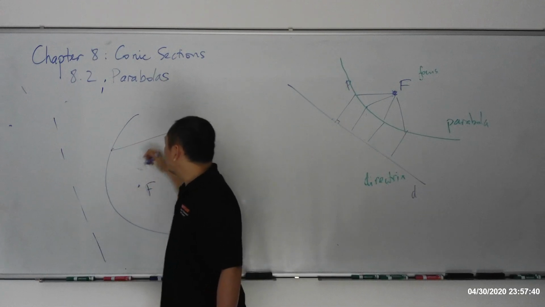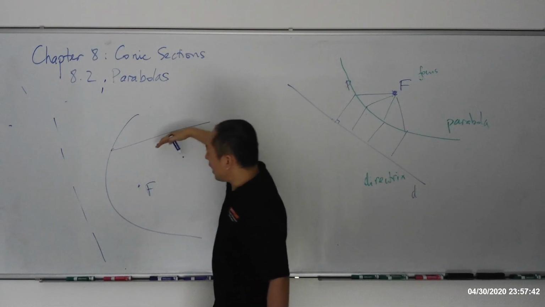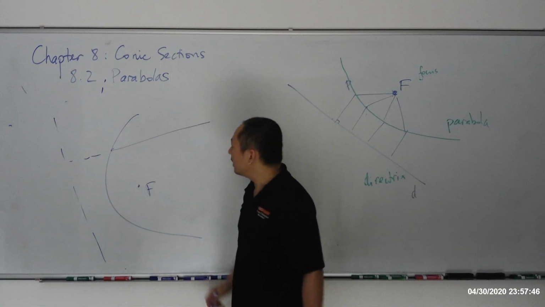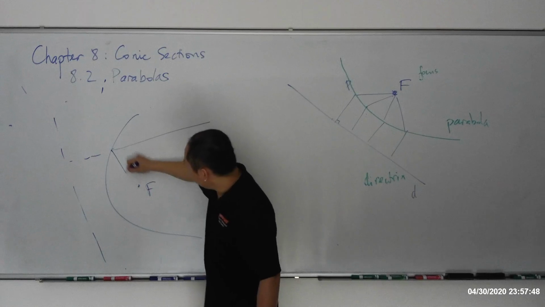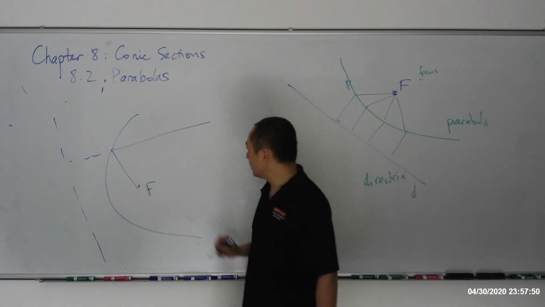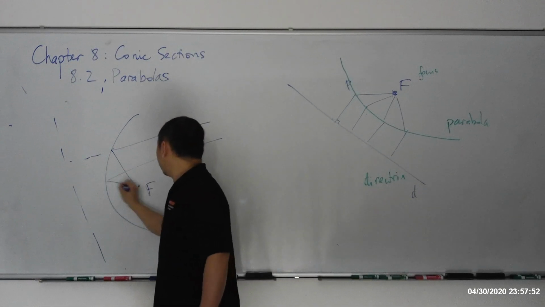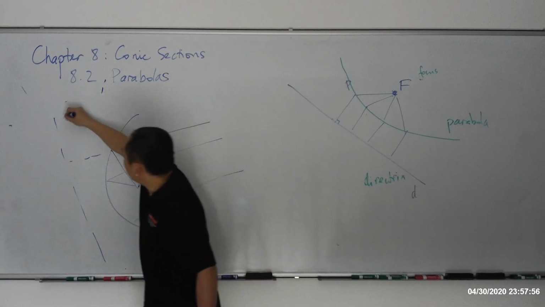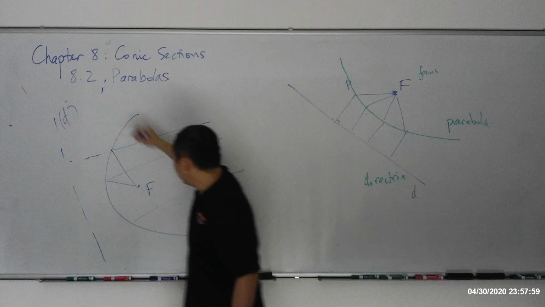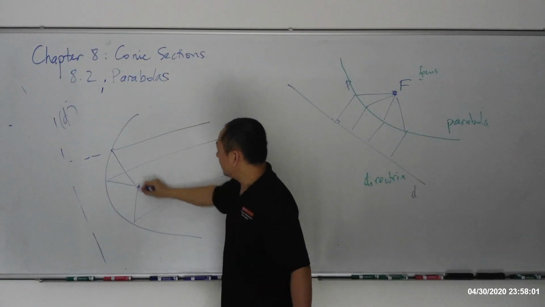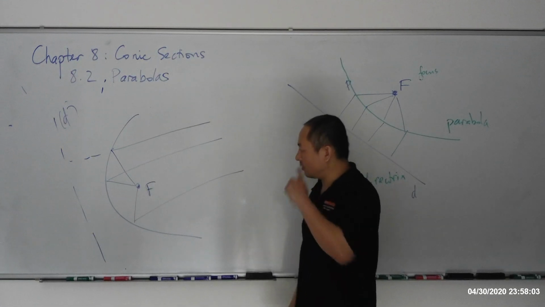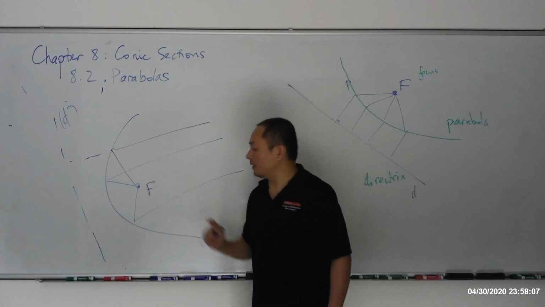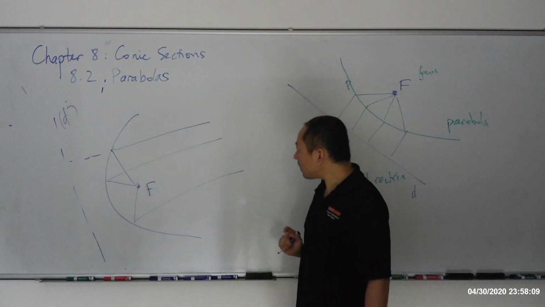Any light beam going toward the parabola perpendicular to the directrix will always reflect back to the focus, always. This is my directrix, this is my focus. Everything always reflects back to the point F. That's why we call F the focus point.